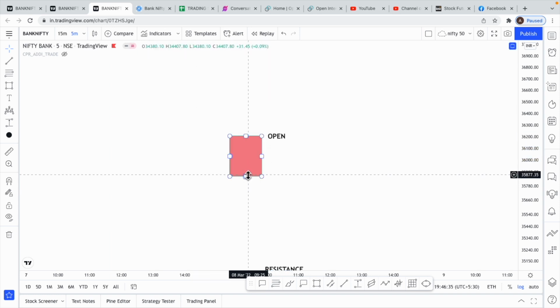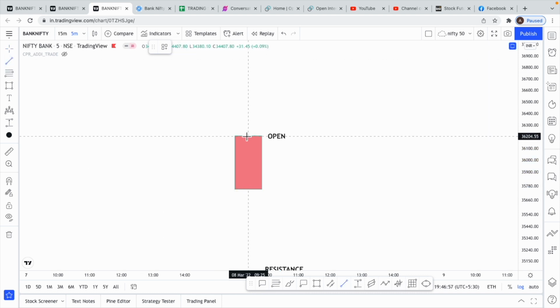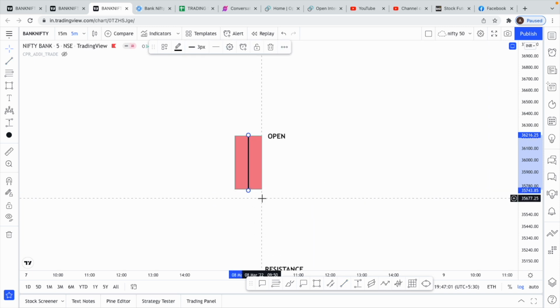It comes to a certain point, whether a 5-minute or 15-minute candle. We opened at 36,200 and came all the way down to 35,755, and then the price starts going up. When it starts going up, that leftover portion is where we will form the wick. I've just drawn it again.